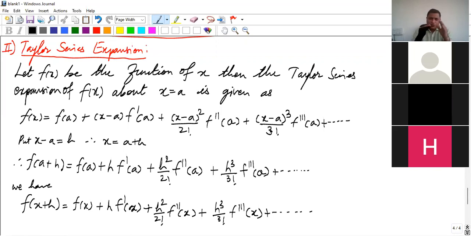Either you use the first one, or the second one, or the third one. These are the different variations, and we have seen how simply we are able to obtain them. Is there any doubt in these formulas?